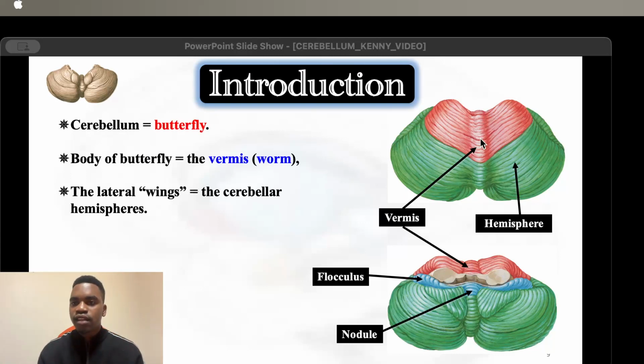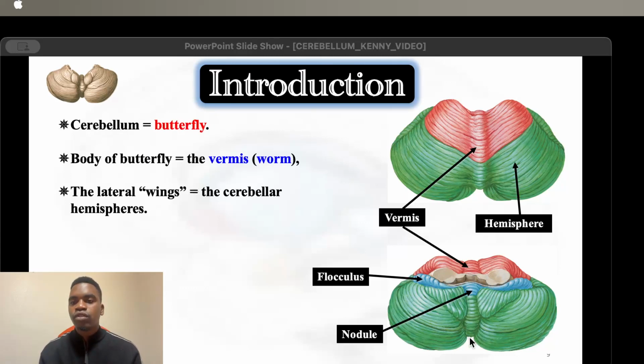It comes in this direction, curves downward, and terminates as a nodule. I want you to note that this nodule is a part of the vermis. It is the most inferior end of the vermis, the most caudal end of the vermis, and it is known as the nodule.